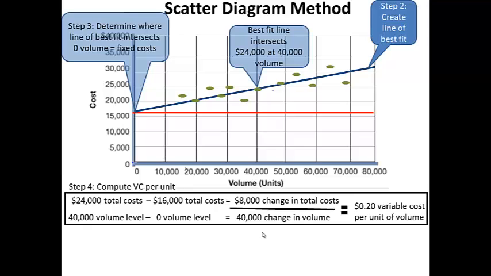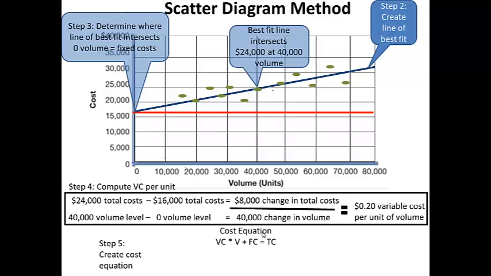And in this case, the calculation comes up to 20 cents variable cost per unit of volume. So now we've determined our variable cost. Also remember that we've determined our total fixed cost of $16,000, because that's where our line of best fit intersects at zero volume.